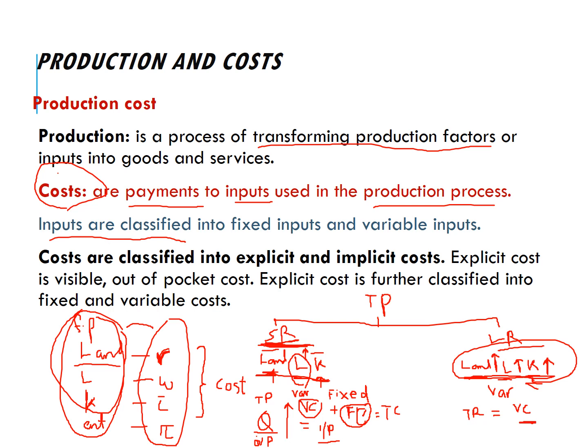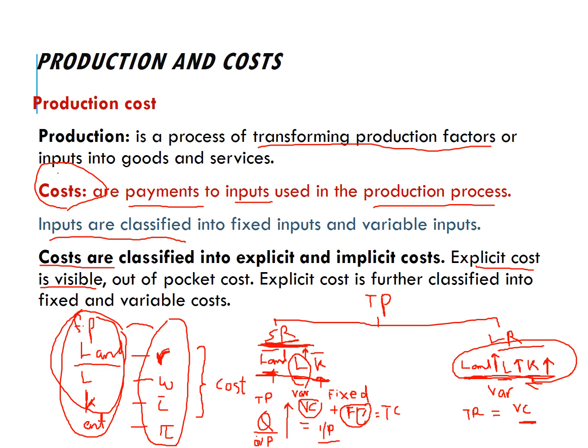And then besides total cost and variable cost, we can also classify costs into explicit and implicit cost. So what is the difference? Explicit cost is the visible cost, the cost that you can record in your statement, the cost that you receive a receipt for, you can see it, and then you paid it.